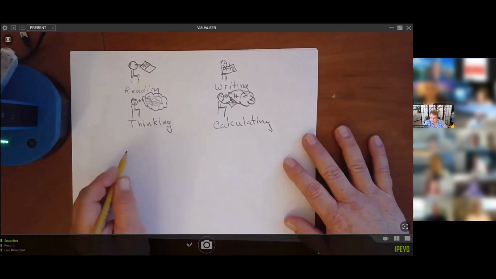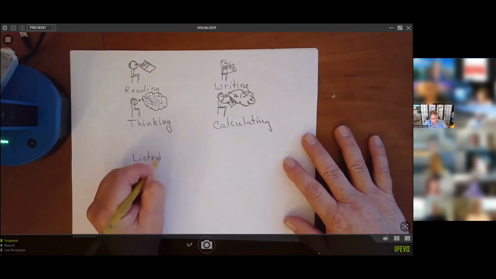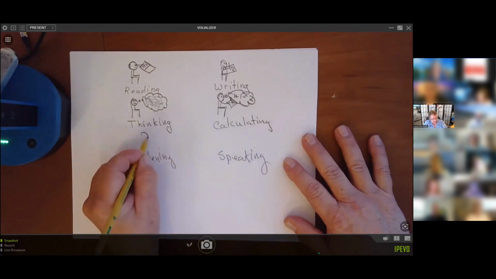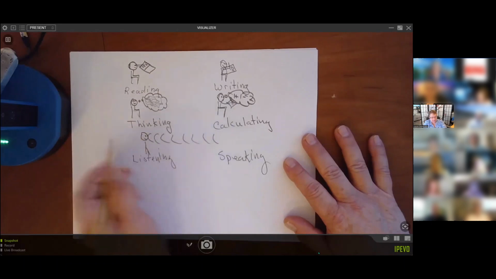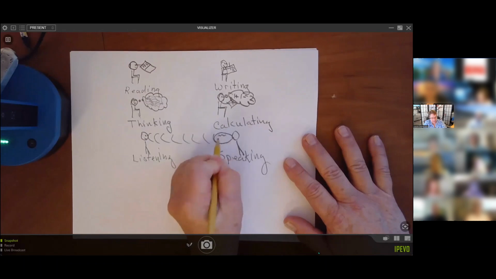So then the next one would be listening and speaking. So again, here we have the passive action of listening to what someone is saying and the active aspect of speaking.